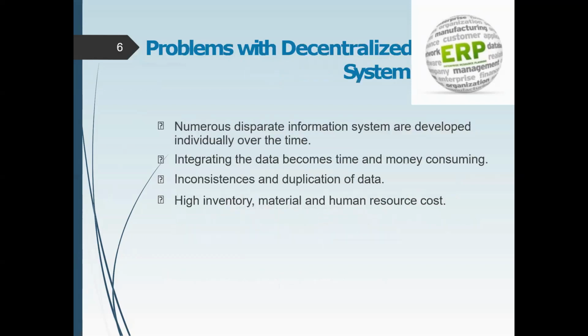The problems with the decentralized system, however, are numerous. Disparate information systems are developed individually over time. Each department would be managing its own database management system, and they might end up compiling unnecessary information or unnecessary files, which could accumulate, and integrating the databases becomes time and money consuming as well. Inconsistencies and duplication of data may occur, and high inventory, material and human resource costs might also be incurred.